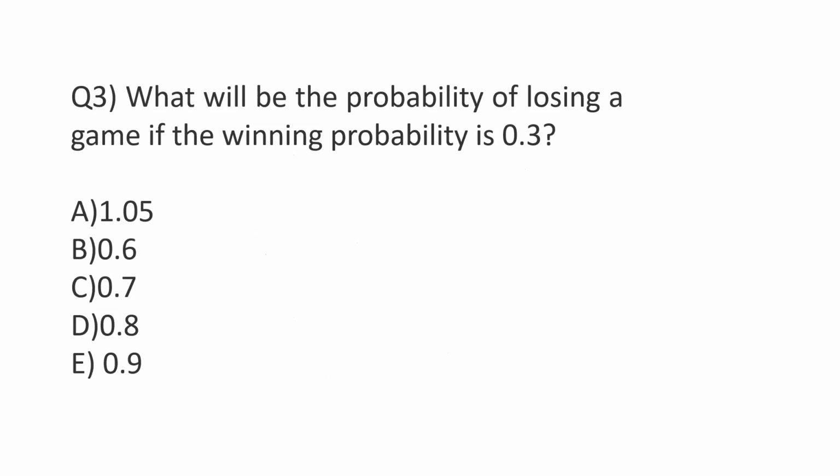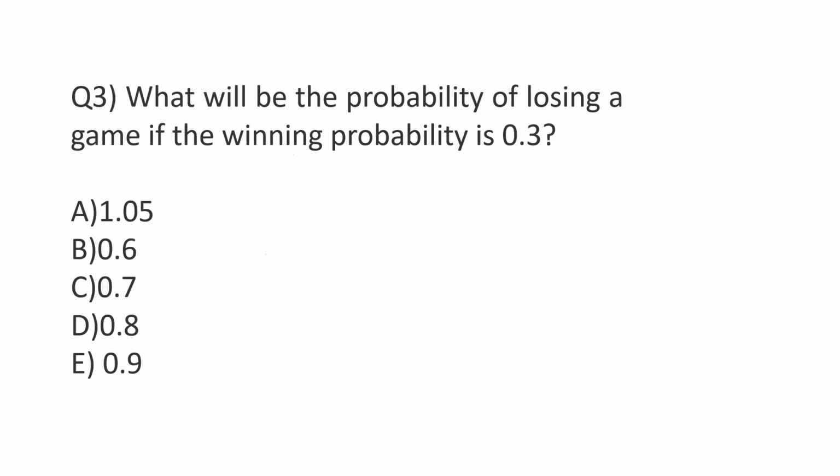Next is, what is the probability of losing a game if the winning probability is 0.3? What does that mean? I have told you that whenever we are considering the events, the sum comes up to be 1.